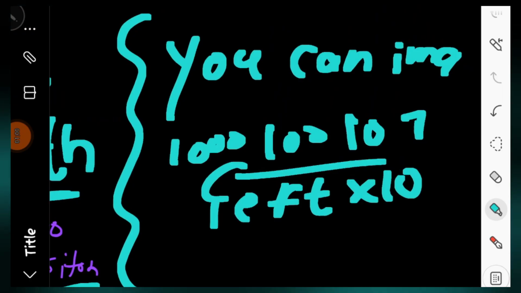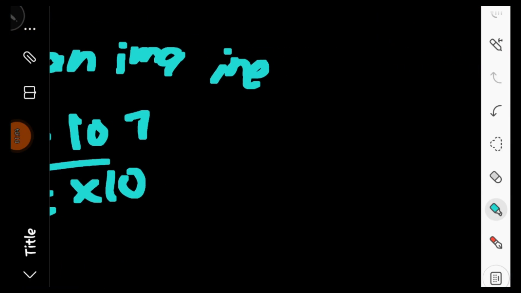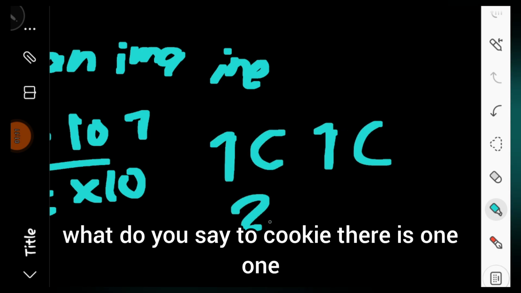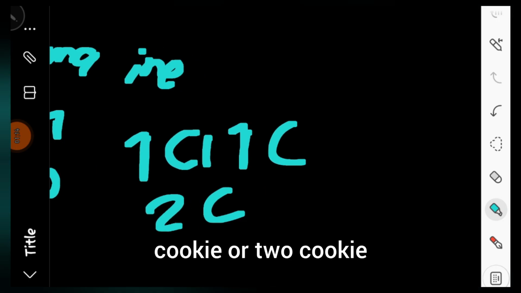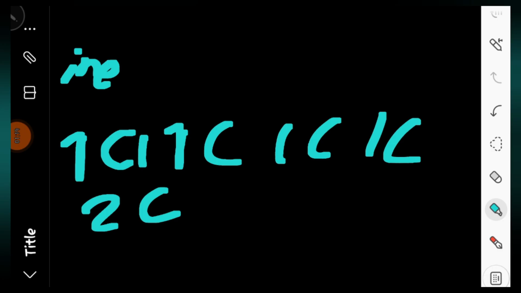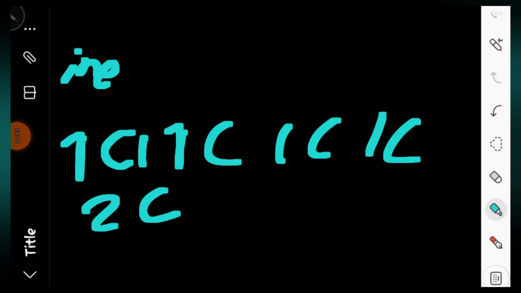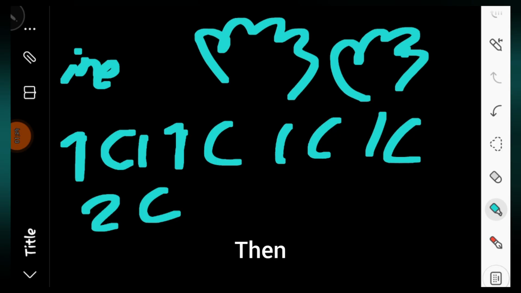So you may ask, what is position? So in math, for example, if let's say there was one cookie, you have another cookie, what do you say to cookie? There is one cookie or two cookie. You go on adding them. In ancient times, people used to count by hand, just like us. We have 10 hands, right? So people used to count up to 10 hand.